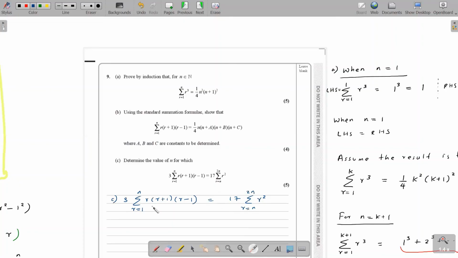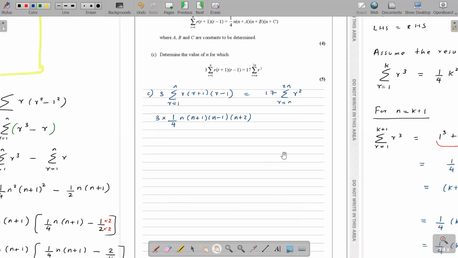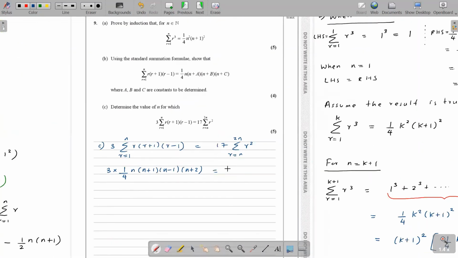We already know this answer; this is what we got in part B. There's an extra 3 here, so 3 times the answer we got in part B. What was it? 1 over 4, n plus 1, n minus 1, n plus 2. Am I correct? This is what we got for part B, right? Okay, so this is equal to 17 times summation of r square from r equals n to 2n.